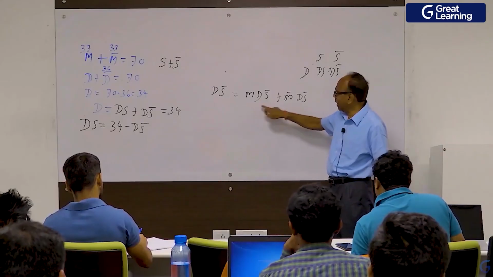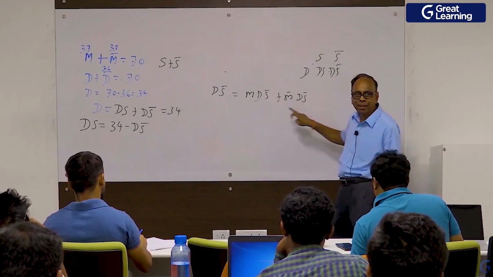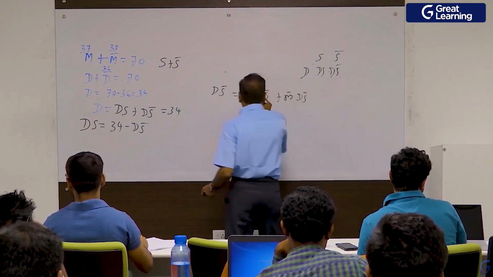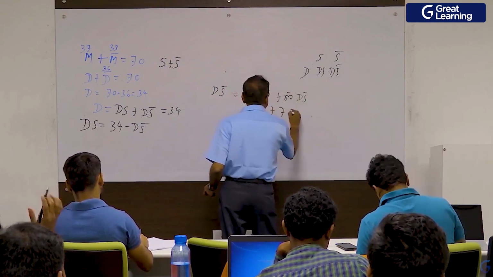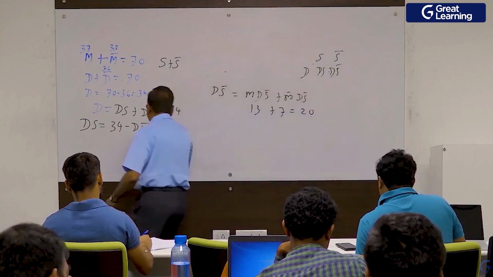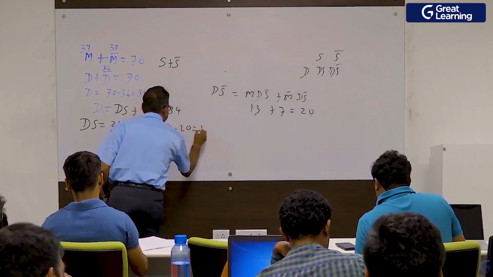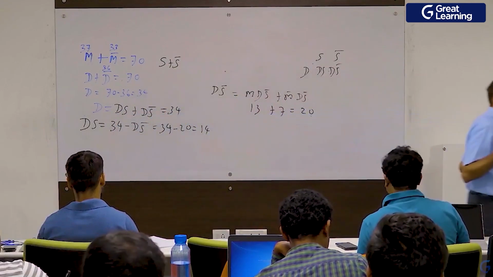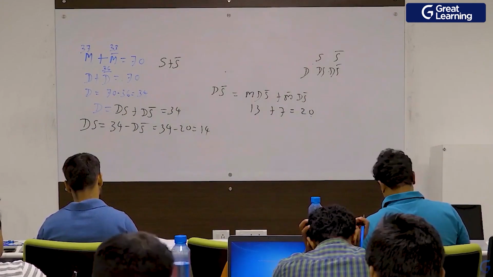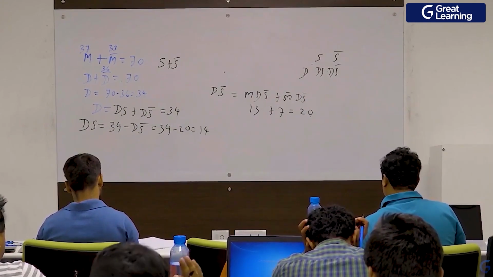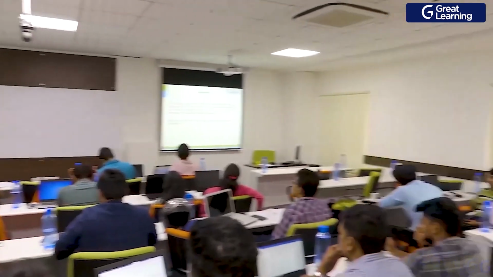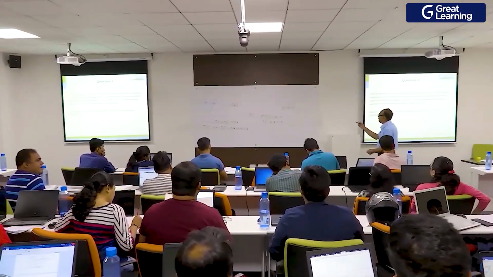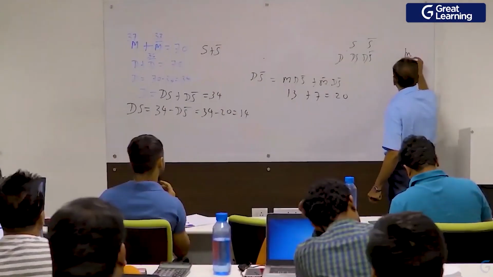Drink but do not smoke occurs among these, and therefore this is 13 plus 7, which is equal to 20, and hence the answer is 34 minus 20, which is 14, and hence the probability is 14 divided by 70, which I have answered. Therefore, the probability is favorable occurrence, 14, divided by the total. I am using the basic principle of probability. Ladies and gentlemen, the probability of an event is the ratio between two numbers.